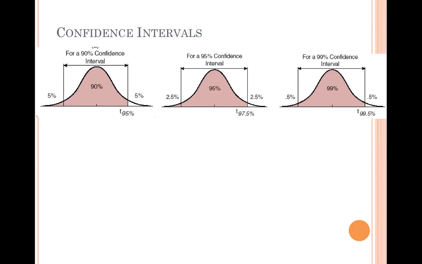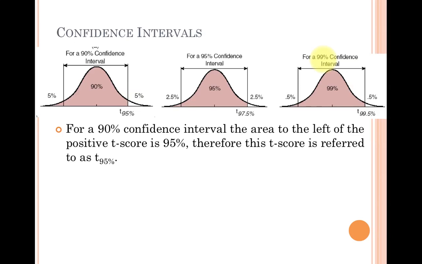Okay, we're going to look at the three types of confidence intervals, the 90%, the 95%, and the 99% for the t-distribution, basically when handling cases when we don't have the population standard deviation. For a 90% confidence interval, the area to the left of the positive t-score, which is right here, is 95%.